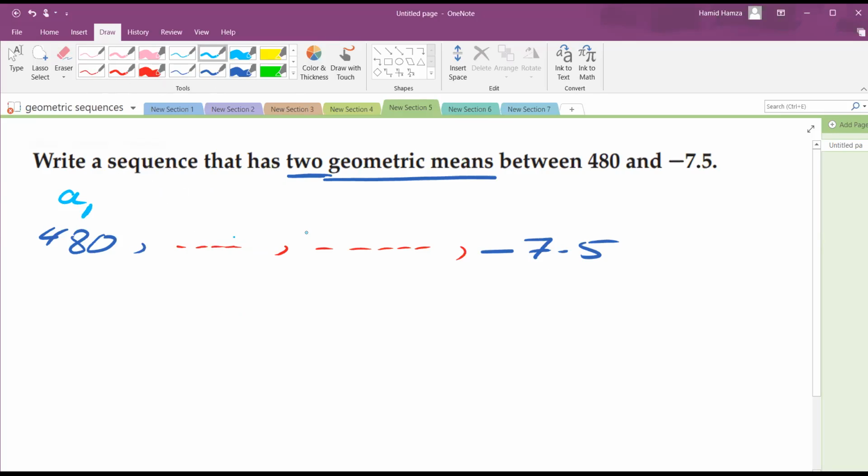In this case, this number will represent A1, this is A2, A3, and this one will represent A4.